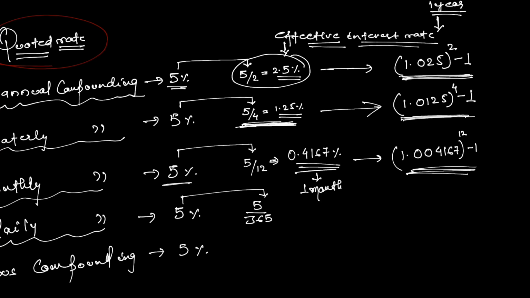Please understand, higher the compounding, higher would be the effective rate. If it is semi-annual compounding and if it is quarterly compounding, the effective interest rate that you will calculate for quarterly compounding would be higher than the effective interest rate of semi-annual compounding.